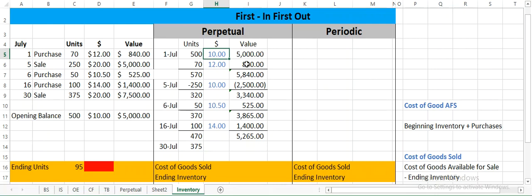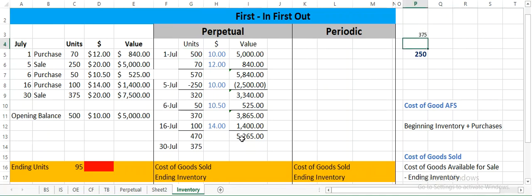However, what we have to keep in mind is this is no longer 500 units. Of the 500 units, we used 250. So we have to take that out and realize that there's only 250 of this 500 left. So we can really only record 250 at $10.